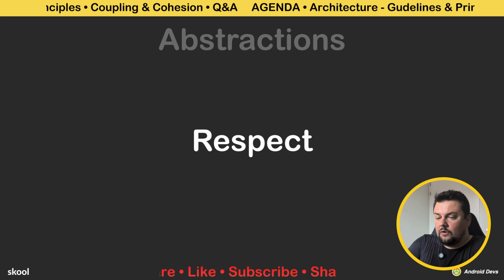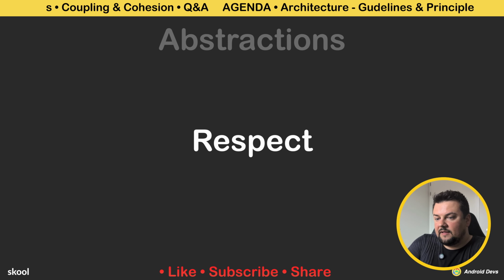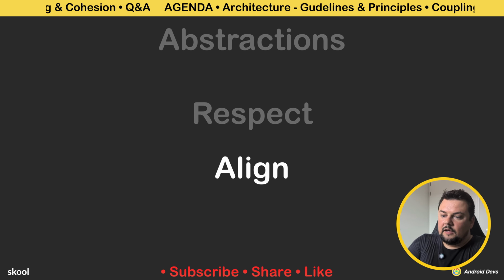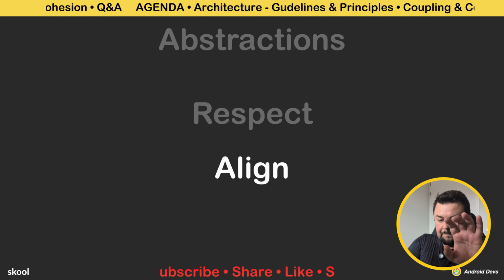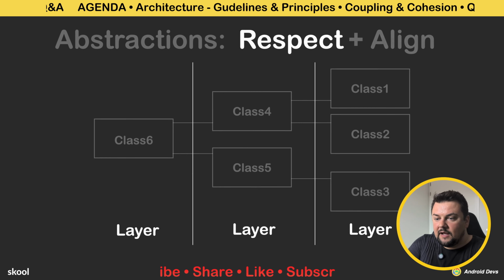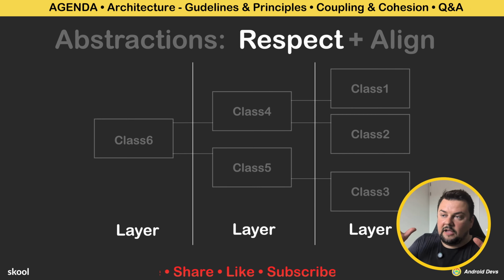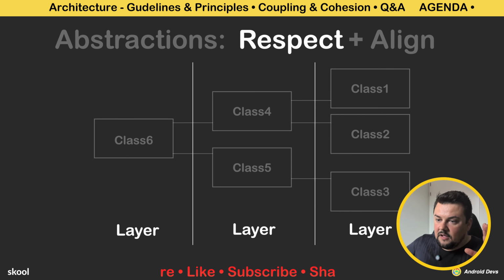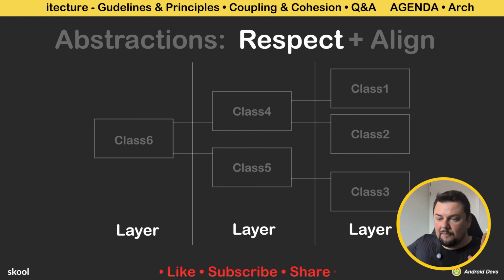So as we saw, there are two things that we have to pay attention to: respecting, and then also aligning to these principles and guidelines. When it comes to respecting, if we are thinking of our object graph as layers, we don't want to do too much of a jump between the layers.